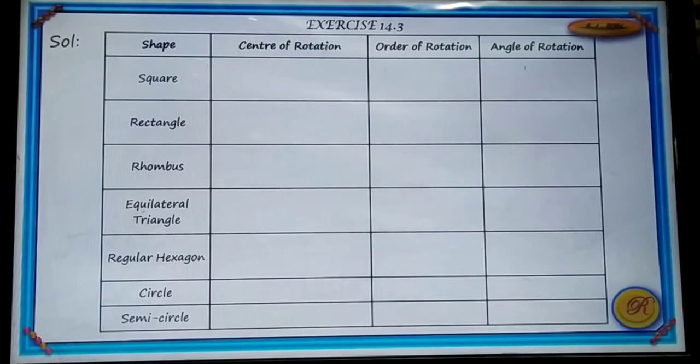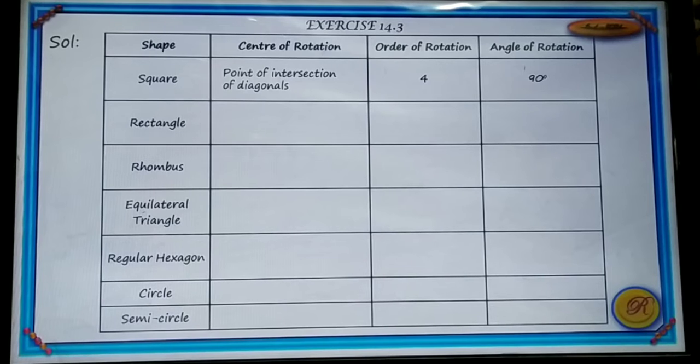Solution. For square, center of rotation is point of intersection of diagonals. Order of rotation 4. What about angle of rotation? 90 degree.